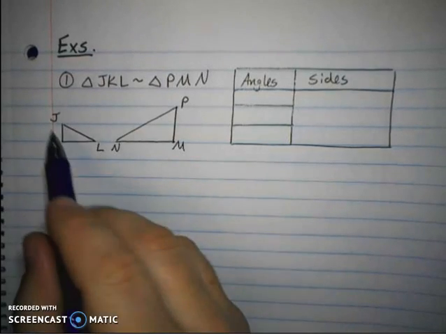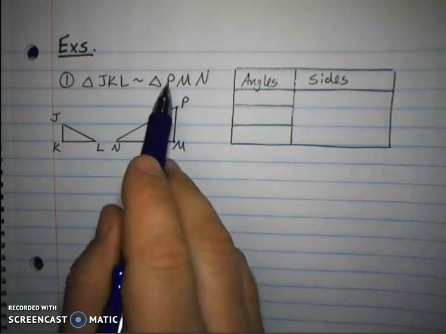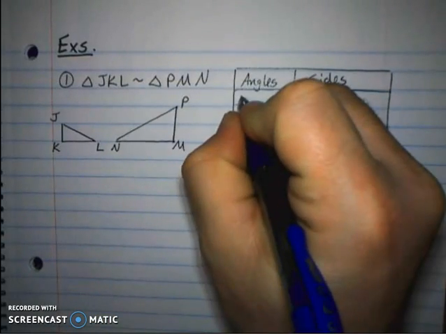That means that angle J has to be congruent to angle P because they come first in both labels.